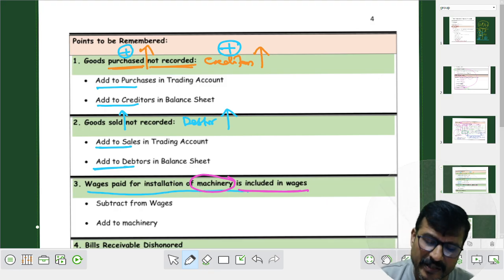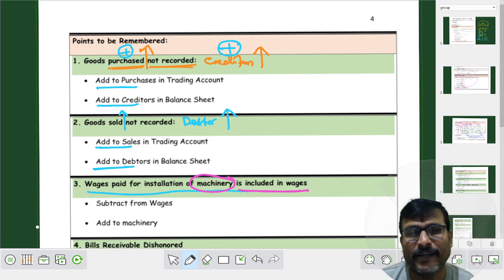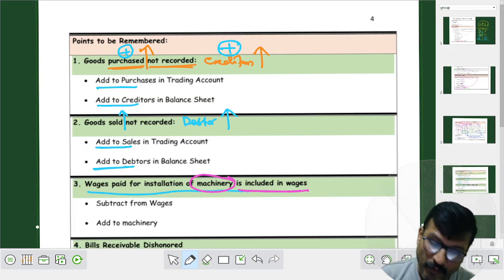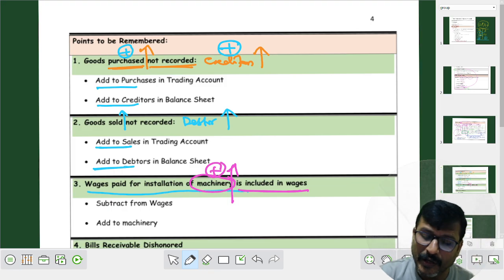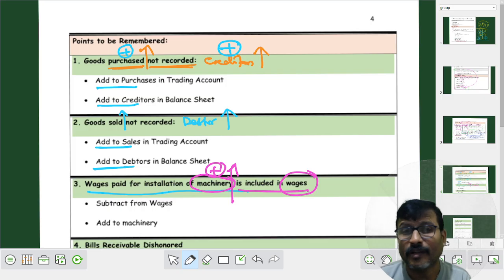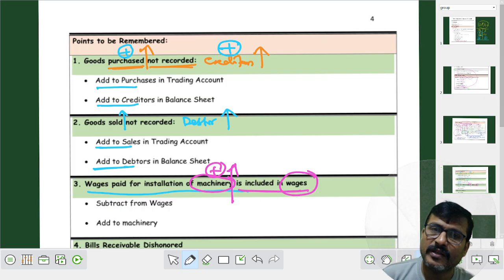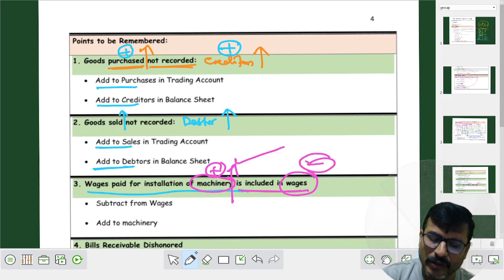When you paid wages for installation of machinery, what to do? We have to increase the machinery. So machinery value is to be increased. But you have recorded it wrongly in wages. Now what to do? Subtract from wages, add to the machinery.